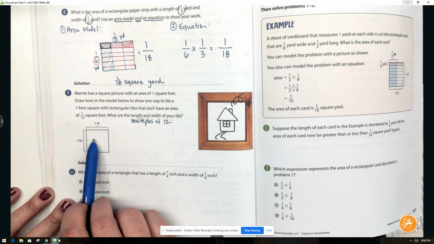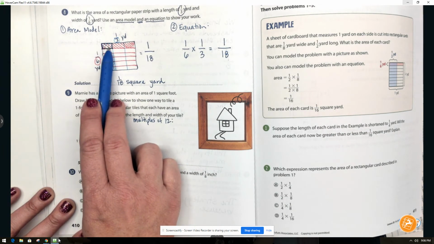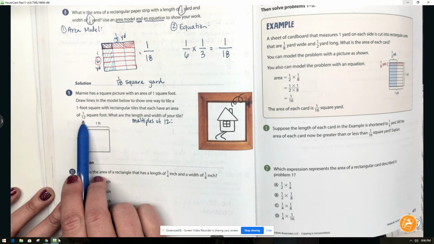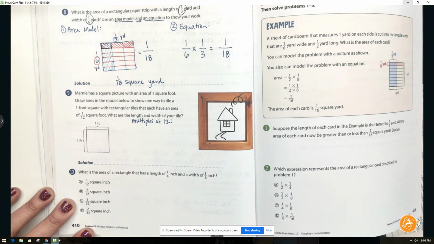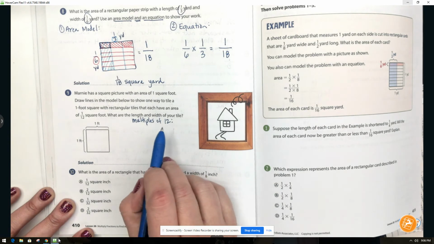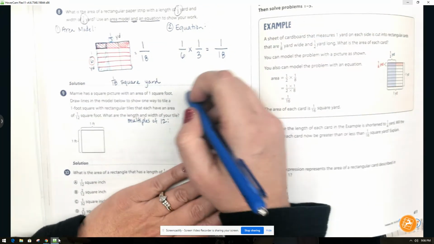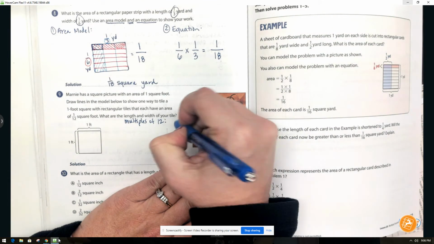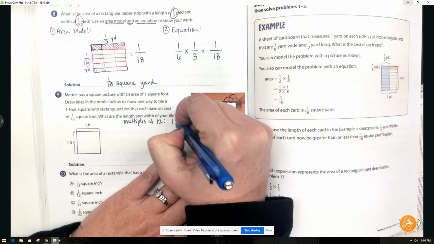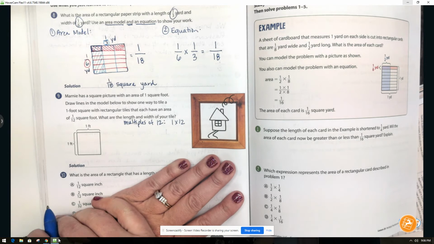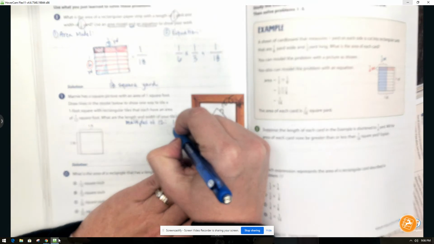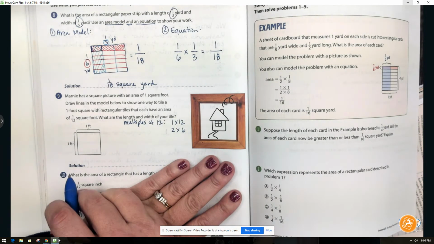So we want to make it so that we have one section that the area is 1/12 of a square foot. So in order to do this, we need to think about what are the multiples of 12. So what are the different ways we could make 12? So for example, 1 times 12 equals 12. Another way would be 2 times 6 equals 12.